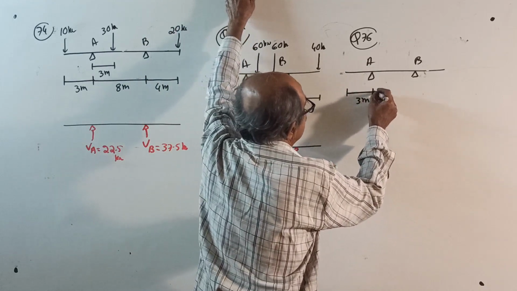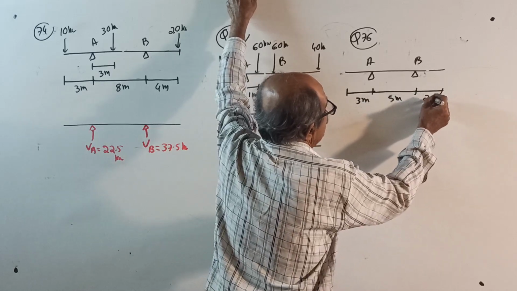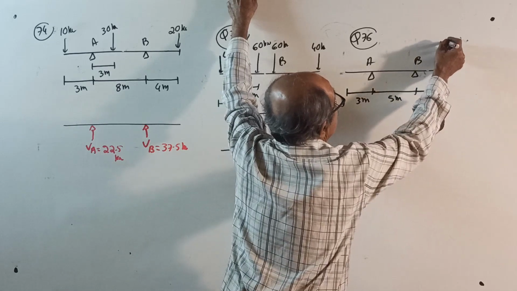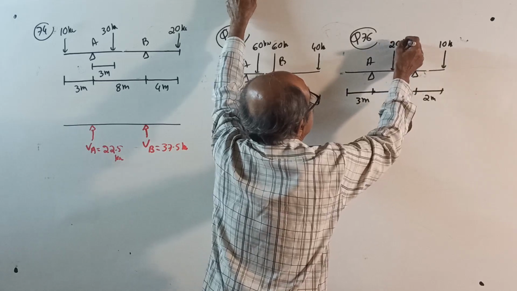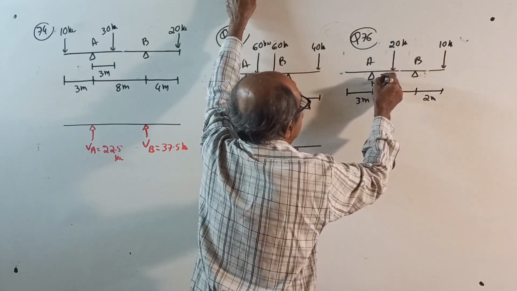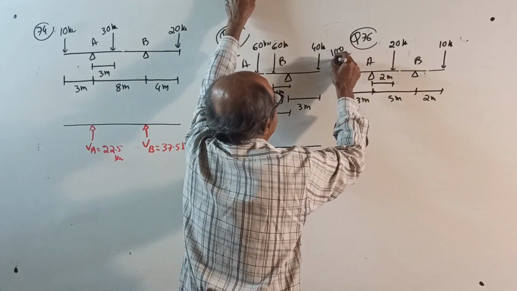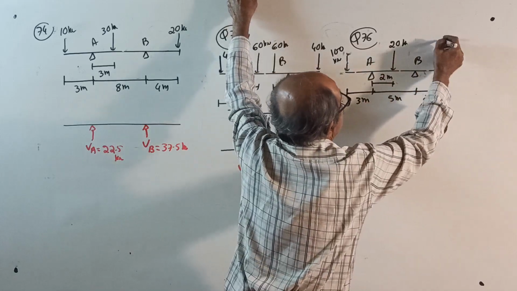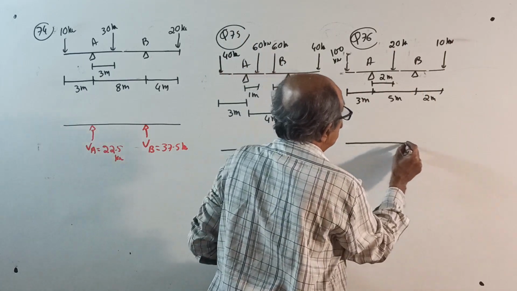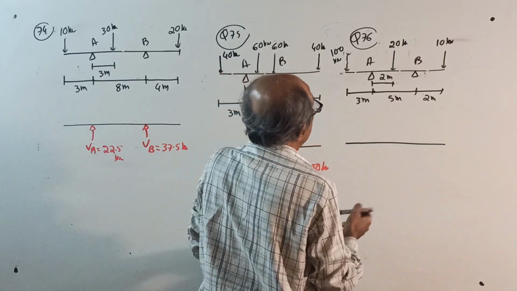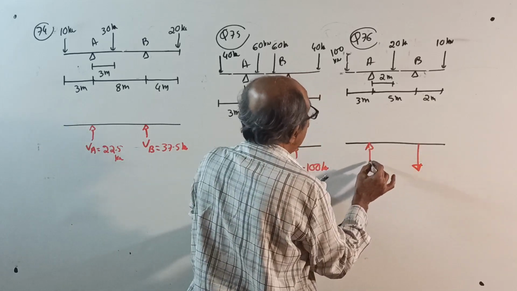Now here, 3 meter, 5 meter, 2 meter. Point load of 10 kilonewton, point load of 20 kilonewton at 2 meter from here, and here a point load of 100 kilonewton. Be careful. Answer. This question is set so that my VB will come negative. I have set the question so that VB will come downward.